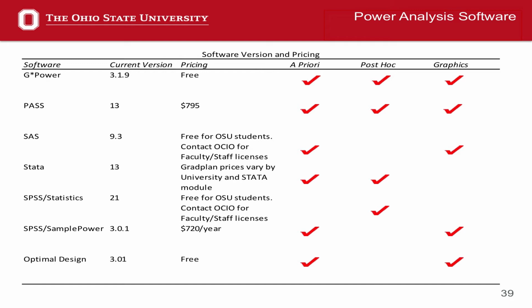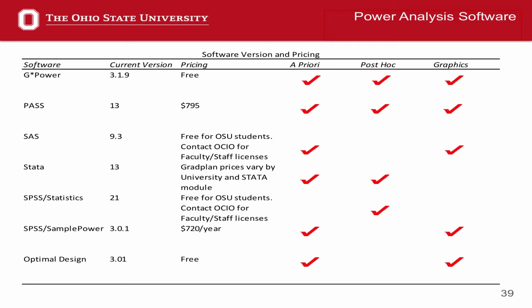Also included are the three most popular statistics packages that are widely used: SAS, Stata, and SPSS. With SAS and Stata, you can do power analysis, but you have to do the syntax programming yourself, so that's more time intensive.